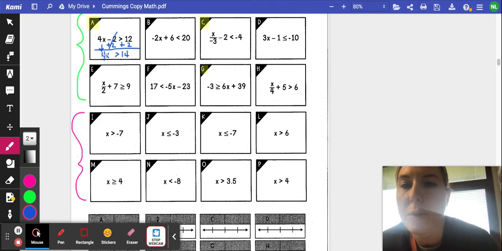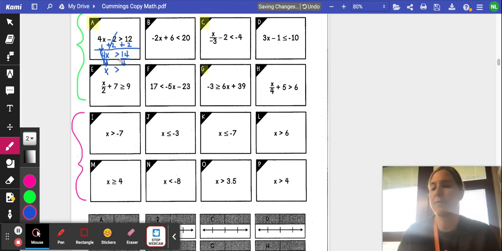I know that those two terms are connected by multiplication, so I will divide by 4. Whatever I do to one side, I have to do to the other side. So my 4's will cancel out on this side. I'll have x is greater than 14 divided by 4.